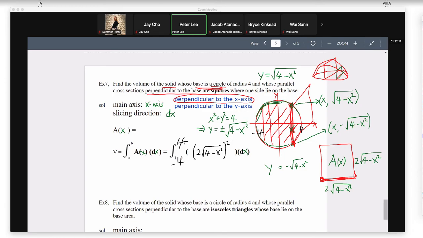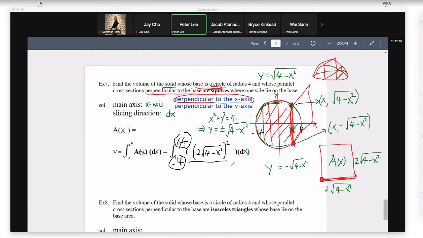So the integrand is actually going to be very simple. Not only that, note that this is an even function, and the interval from negative 4 to 4 is symmetric. So can you apply the even-odd property of definite integrals? Yes, we can. And so the value of the integral is much easier than what you think.